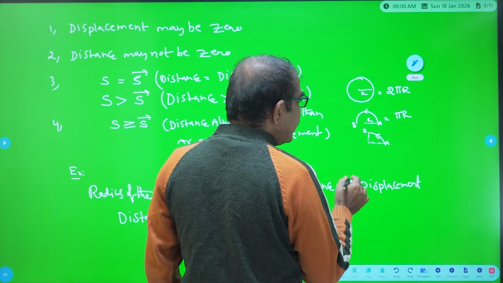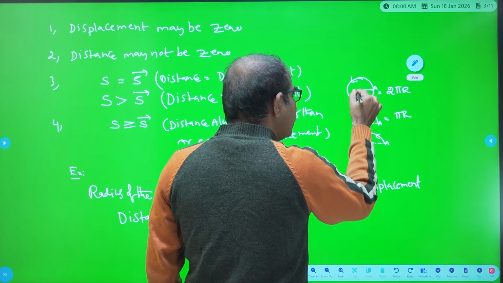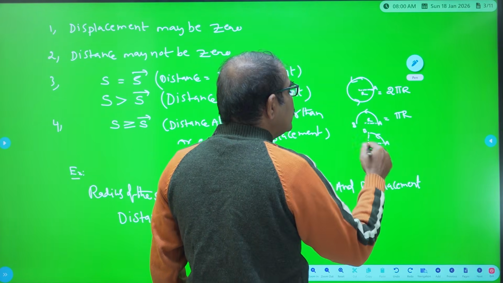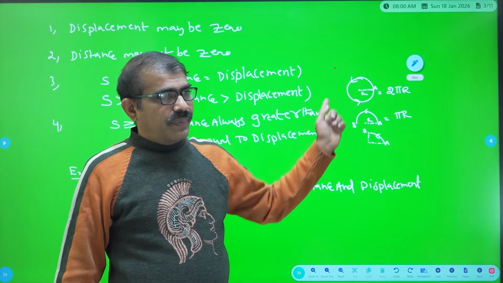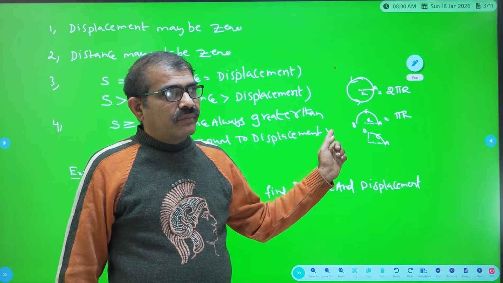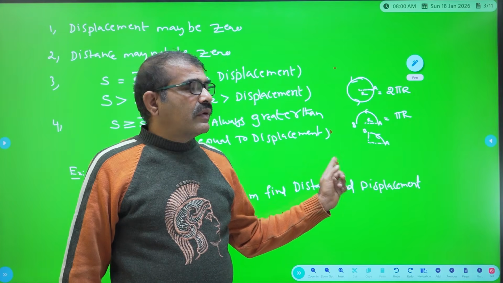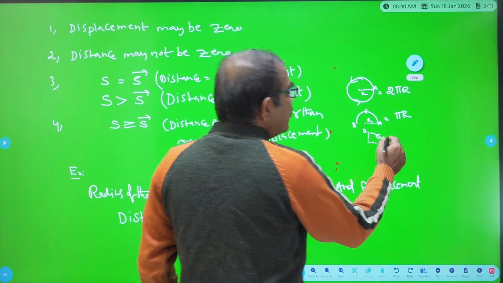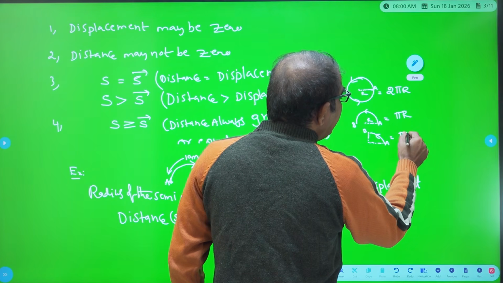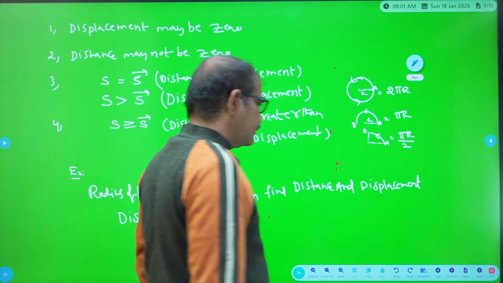A is the initial point, B is the final point. Semicircle, full circle, quadrant circle.